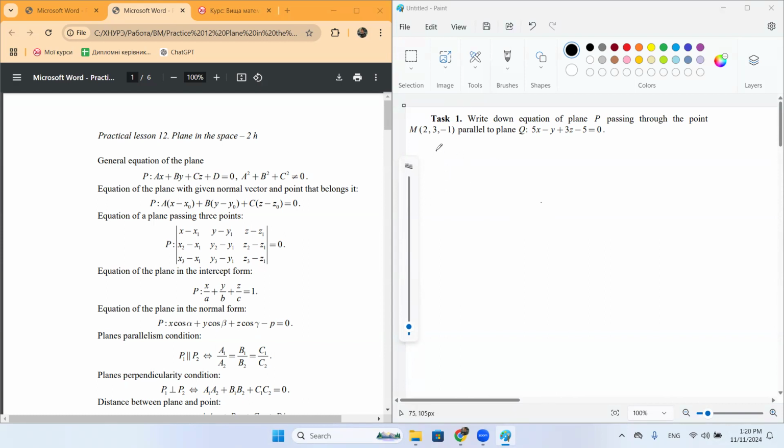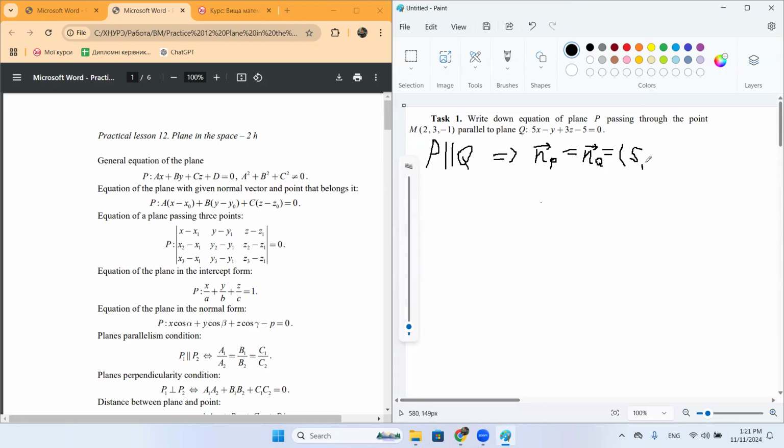Okay, no ideas. What we have? We will use the equation of the plane with the given normal vector and the point M. So point M belongs to P. And as P and Q are parallel, it means that the normal vector of P is equal to the normal vector of Q. And the normal vector of Q, who will tell me the coordinates?